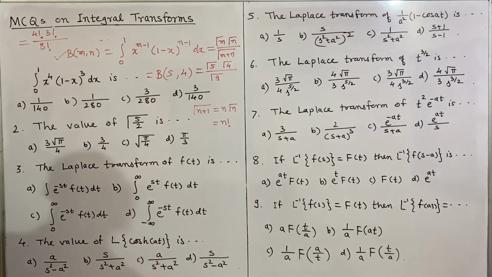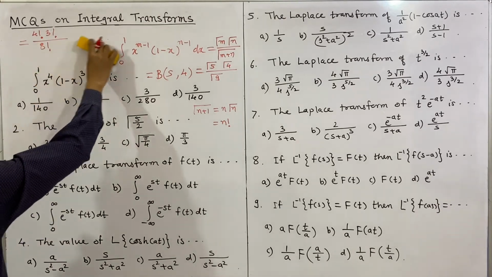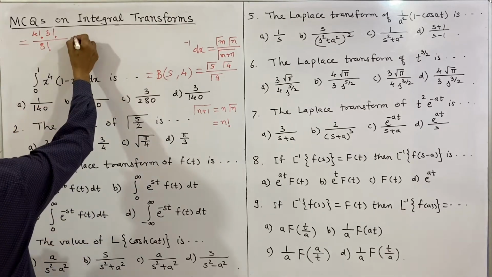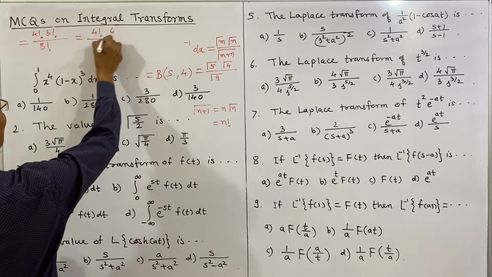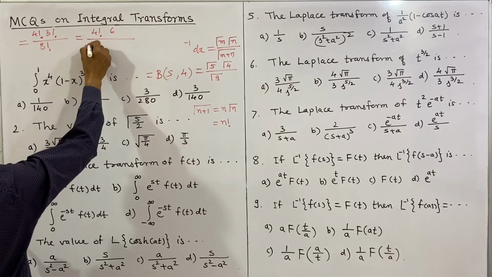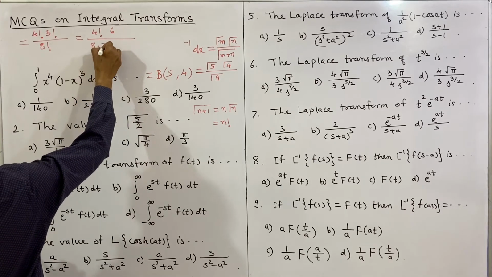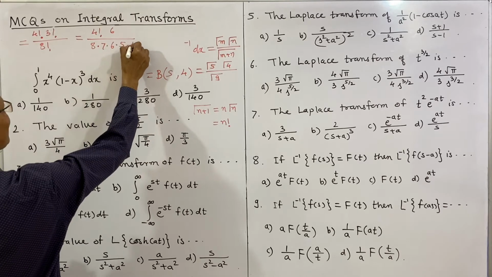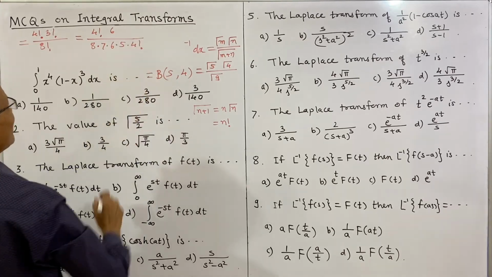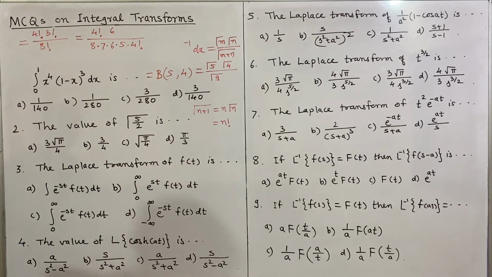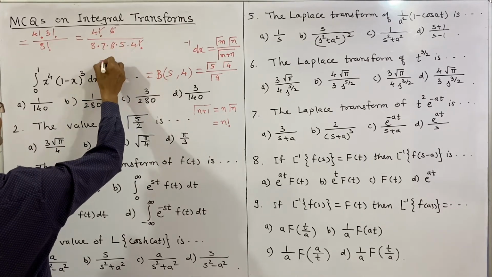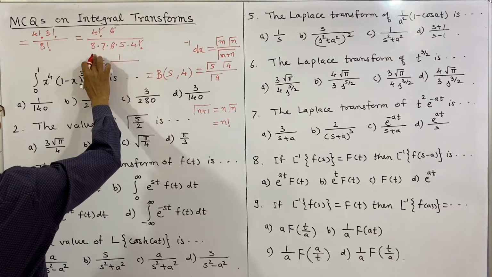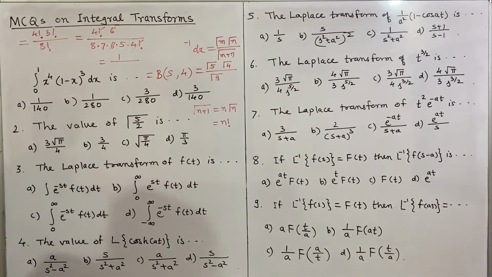And this further can be simplified, and that gives 4 factorial, 3 factorial is 6, or we can write 3 into 2, and 8 factorial can be reduced as 8 into 7 into 6 into 5 into 4 factorial. And further you see this 4 factorial can be cancelled, 6 cancels, and what remains is 1 upon 8 into 7 into 5.